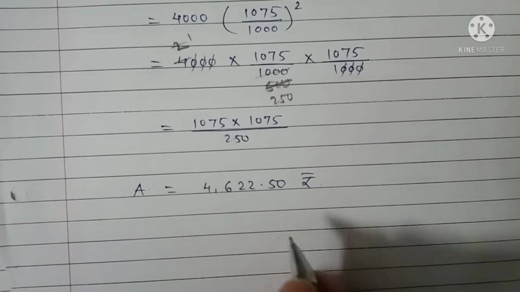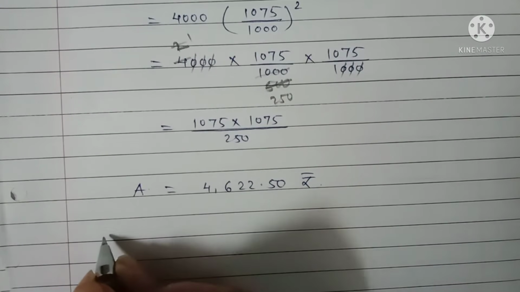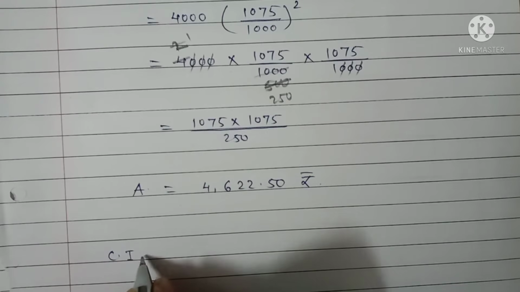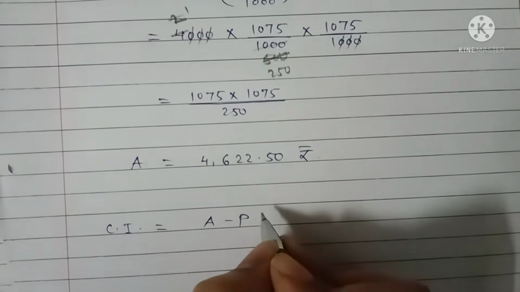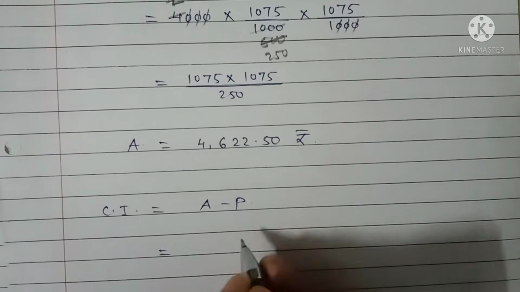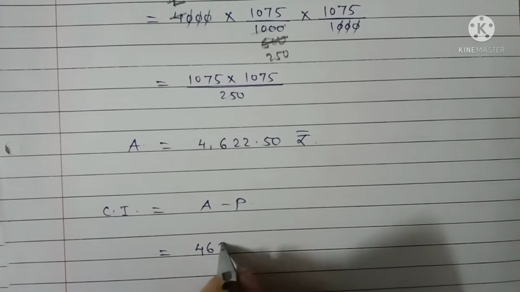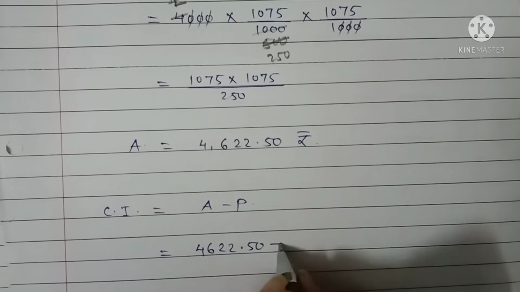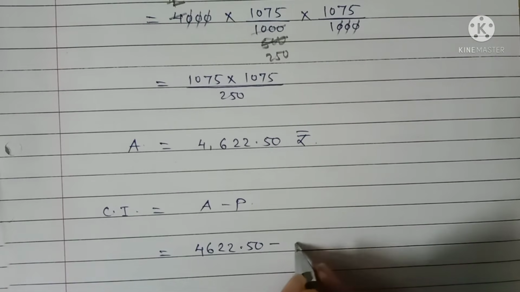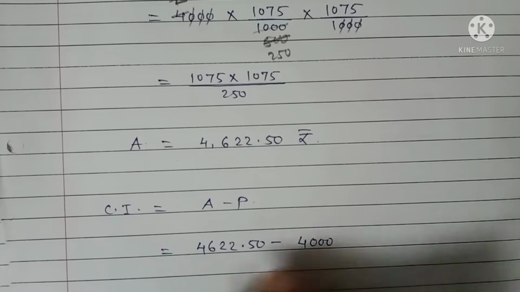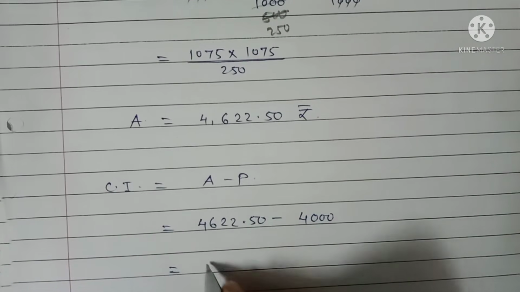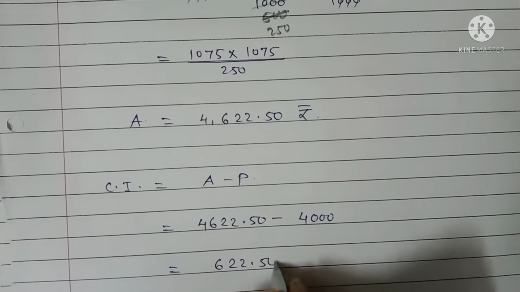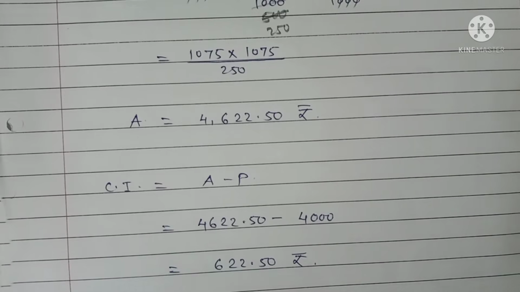This is your amount. And compound interest is equal to A minus P. Amount is 4,622.50 minus P is 4,000. The subtraction is 622.50 rupees.